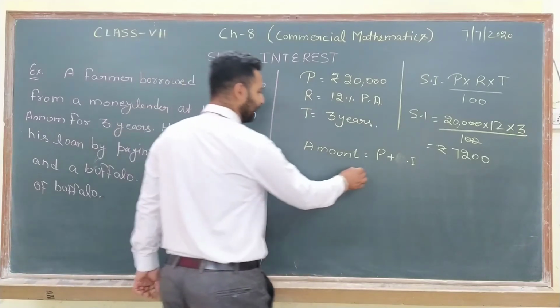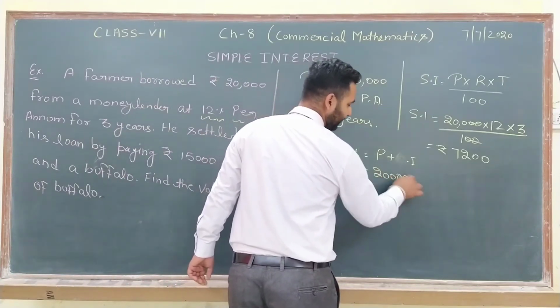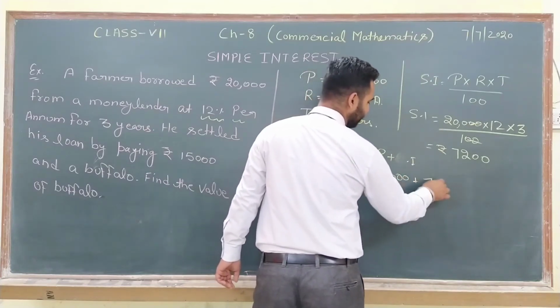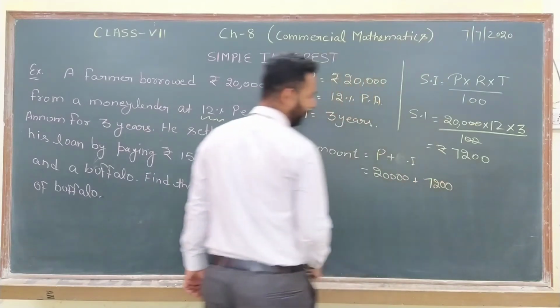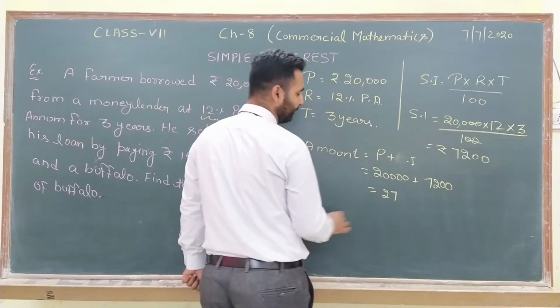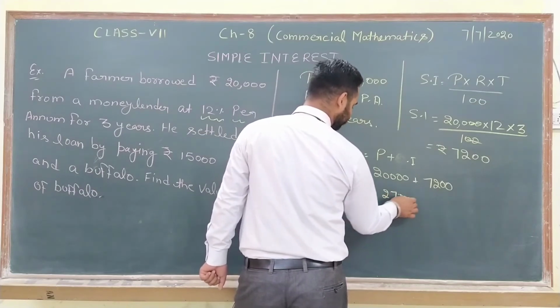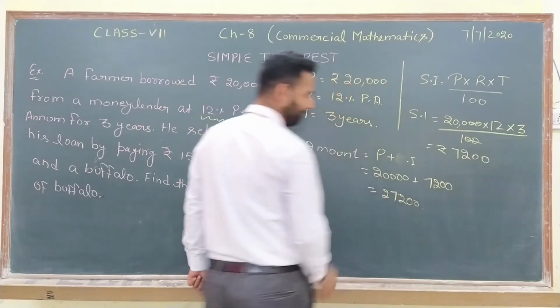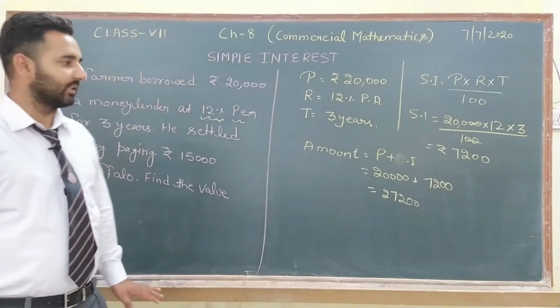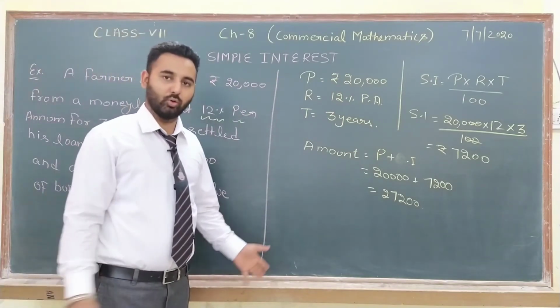So principal is 20,000 plus interest I got 7,200 rupees. So I have to pay 27,200 rupees. Clear? 27,200 rupees I have to pay to clear the whole loan.